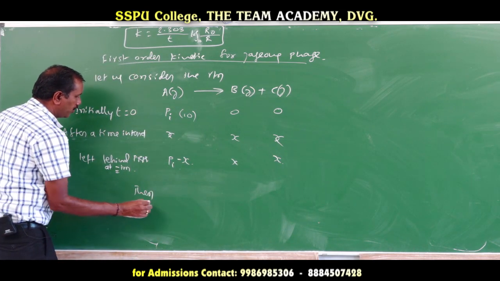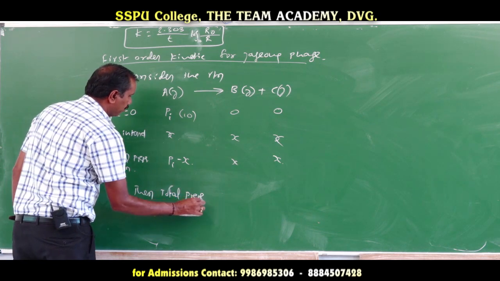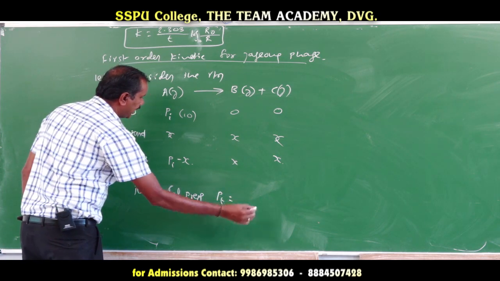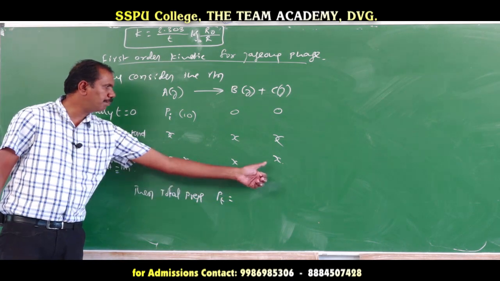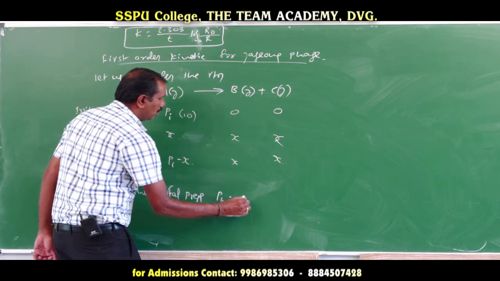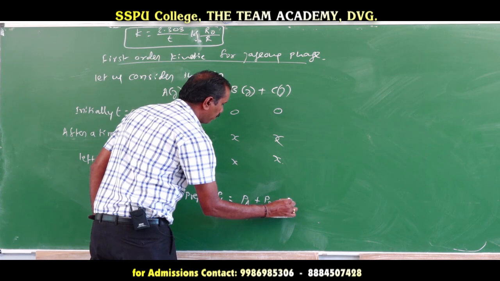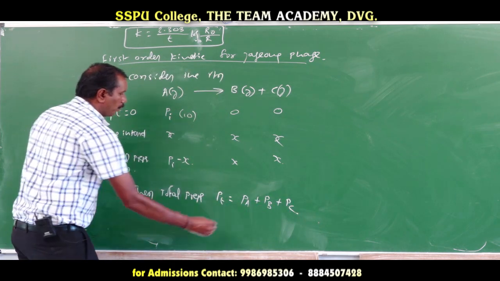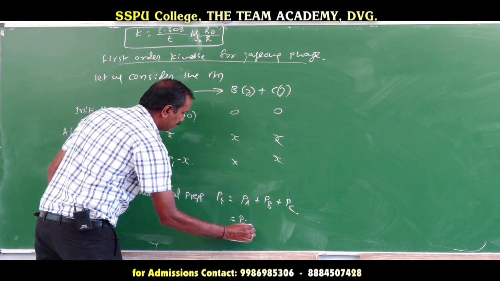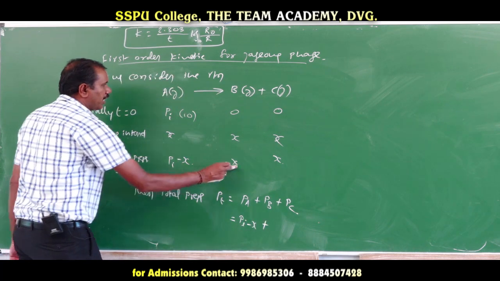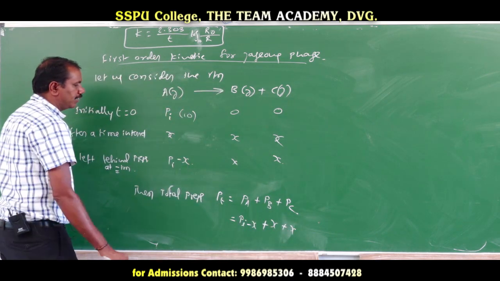Then the total pressure Pt depends upon the partial pressures of all the components. Pt equals partial pressure of A plus partial pressure of B plus partial pressure of C. So the partial pressure of A is Pi minus x, plus B is x, plus C is x.